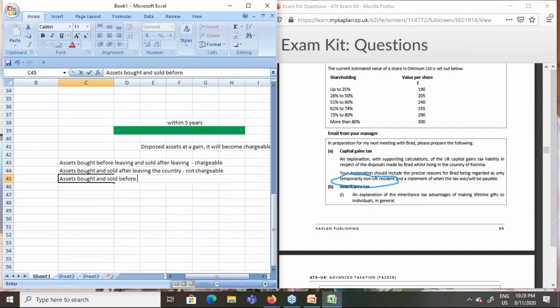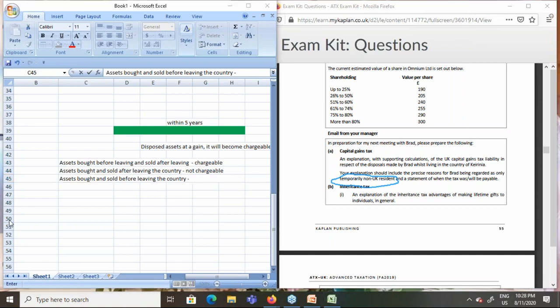Of course, this is not covered by temporarily non-UK resident rules, but this is the situation where you have bought and sold the asset before you left the country, then it will become chargeable under normal rules.